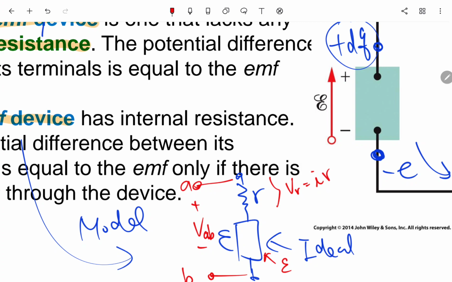If I is zero, then V_R is zero, which means V_AB will be the same as E. But if there is current, then V_AB will be smaller than E.